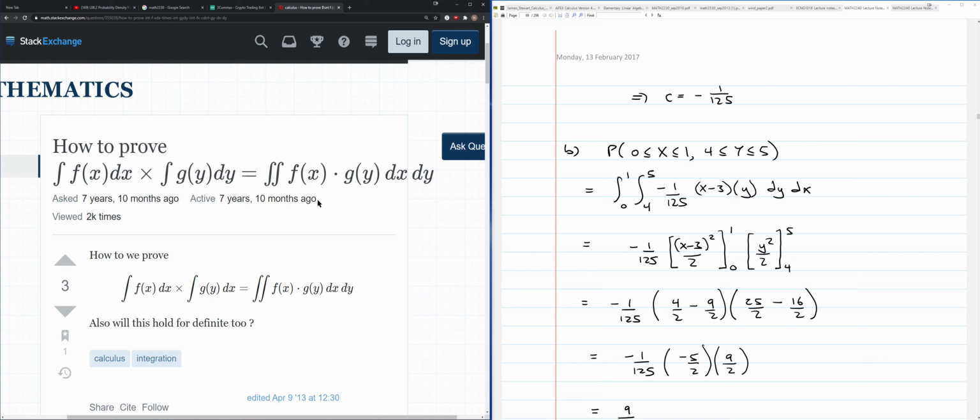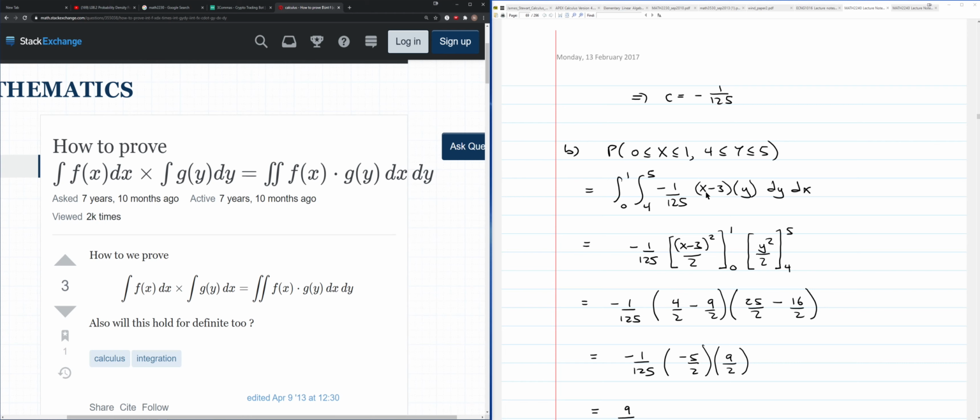If I have a function of x times a function of y in a double integral, I can integrate x separately, integrate y separately, and then just multiply. And that's actually what I do over here.